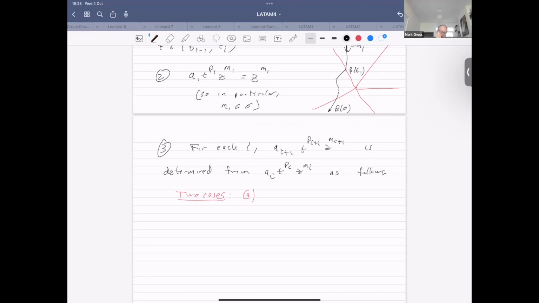The first case is that beta of Ti, let me call it point X, lies in the interior of the maximal cell. So the picture is that beta of Ti, as I said, that has to be in the support.